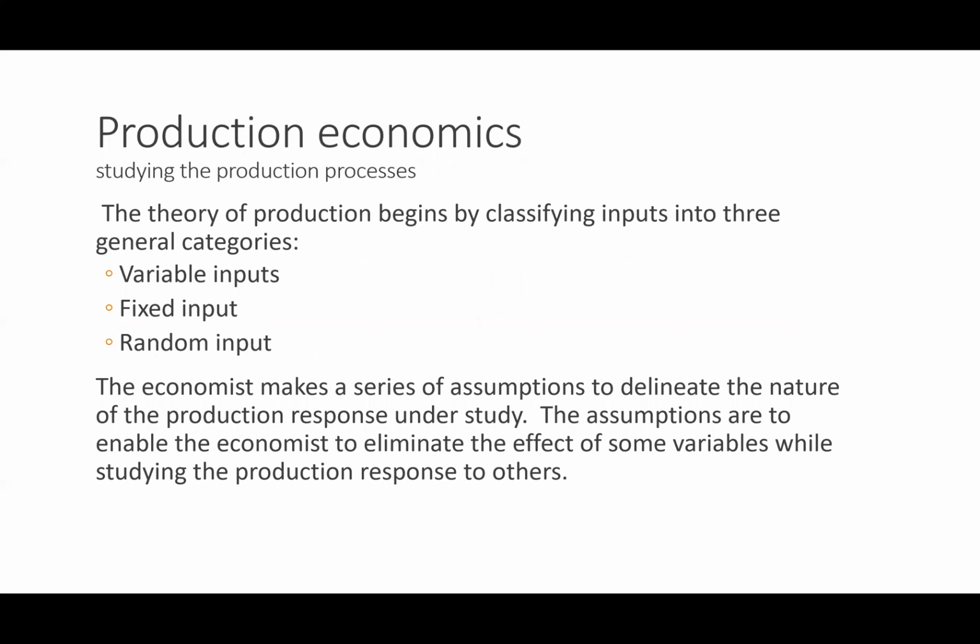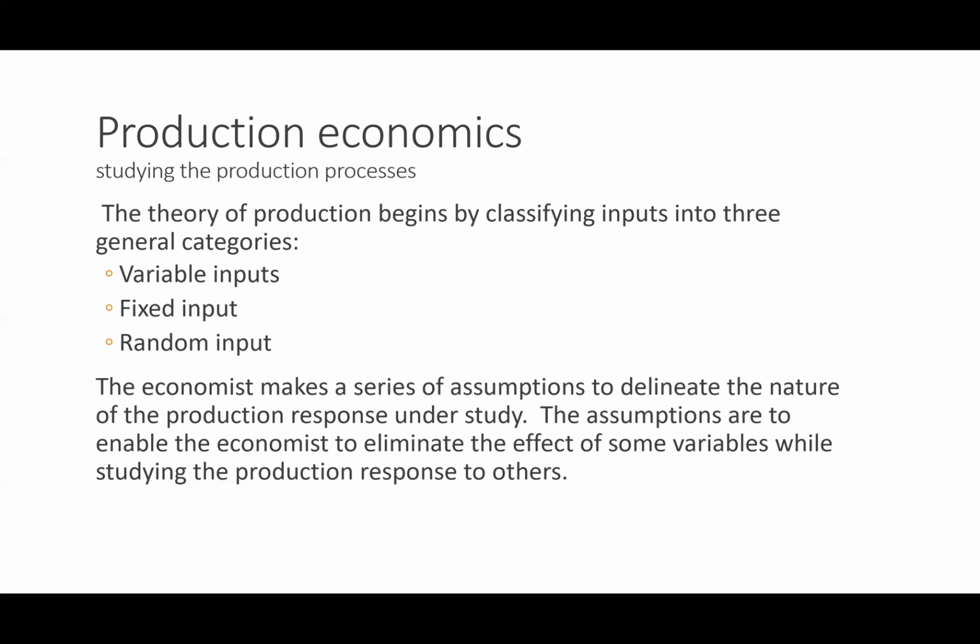It's also the study of production economics, studying the production process. Okay, how does the production process work? The theory of production begins by classifying inputs into three general categories. So most of you already know that we have variable input, fixed input, and as I was telling earlier, what we add is random input, and the random inputs are again data and inputs such as weather, rain, etc. And also price.